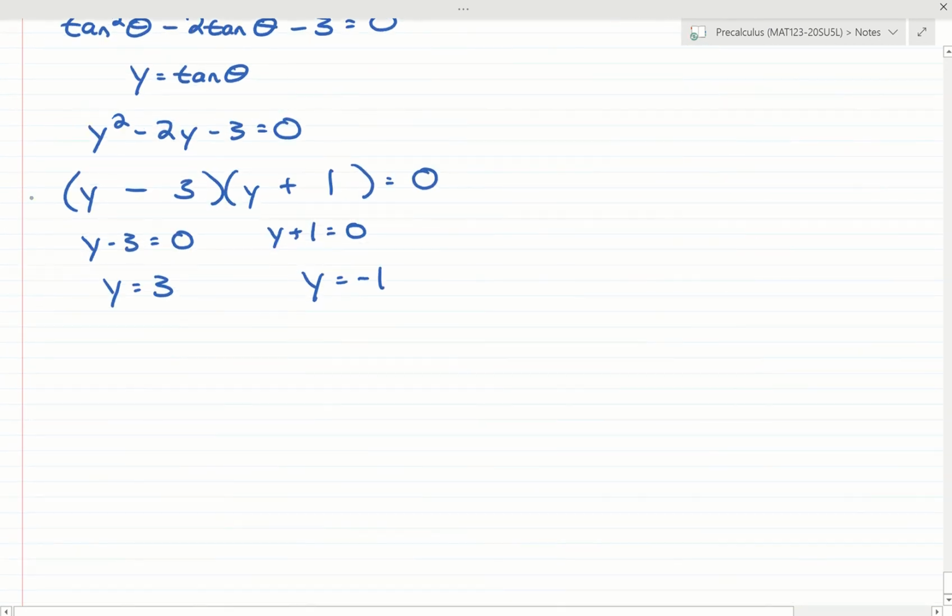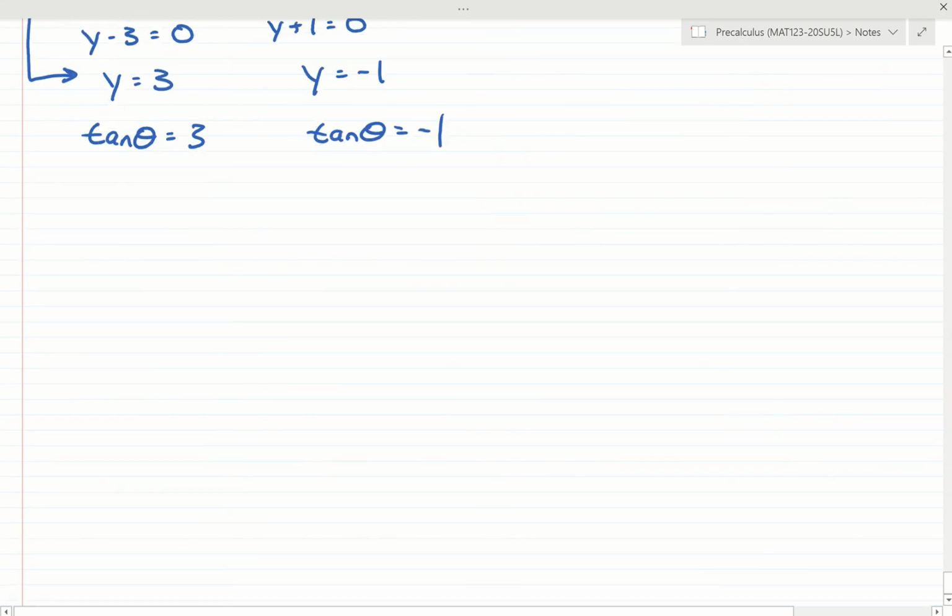But remember, we said that y was tangent, right? So don't get too excited here. We have to finish the problem. Okay, so when is tangent 3? Well, that's not a special angle. So we're going to have to use inverse on our calculator.